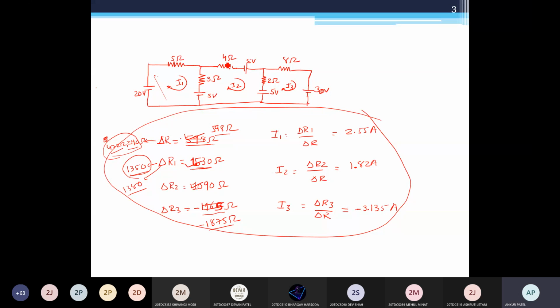So first step, you have to get correct equations. Just rearrange the equations correctly, convert into matrix form, find out the determinants, and then by using Cramer's rule, go for these mesh currents. Okay. Now we will move to the nodal analysis.